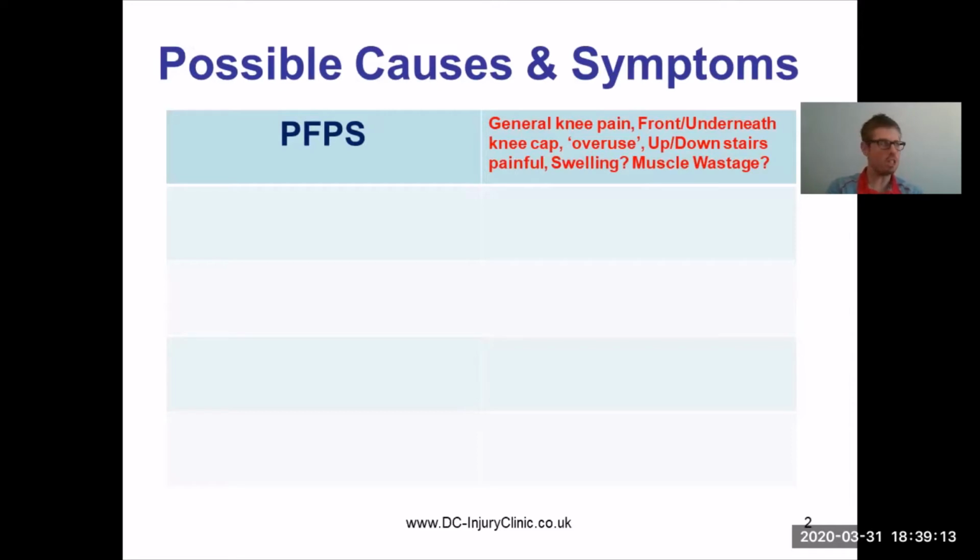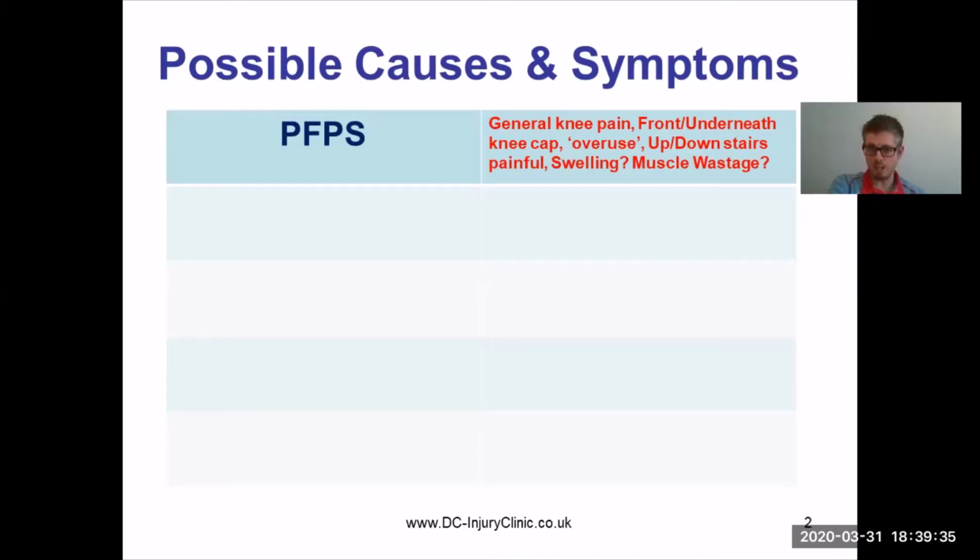There's a lot of research into people with PFPS presenting as having an internally, so inwardly, rotated thigh bone, femur, or an inwardly rotated tibia, shin bone. And we would generally expect to see a level of poor flexibility or mobility, particularly in the quadriceps, the muscles at the front.